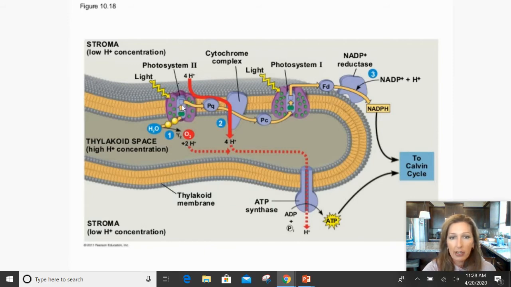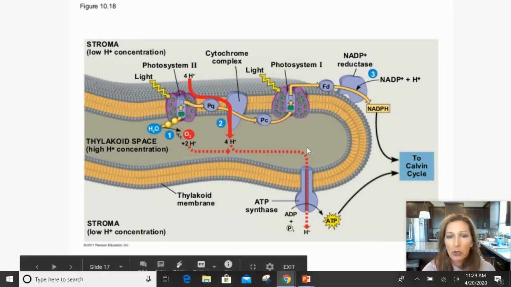And when that electron is elevated to that higher energy state, electrons now flow through these membrane proteins from higher energy state to lower energy state. And as they move, they're powering this proton pump to create a high concentration of protons inside the thylakoid space. Remember, with basic diffusion, protons want to move from a higher concentration area to a lower concentration area.